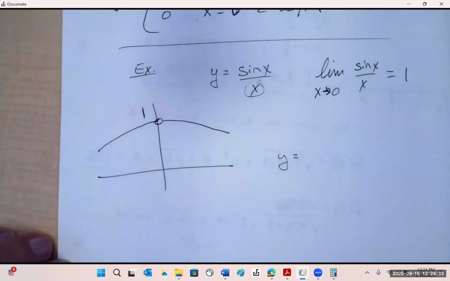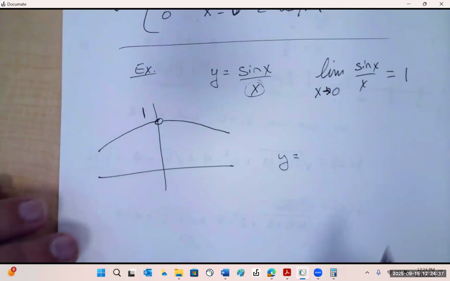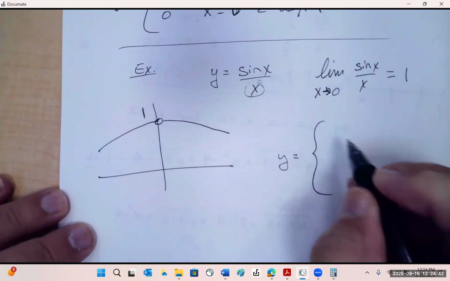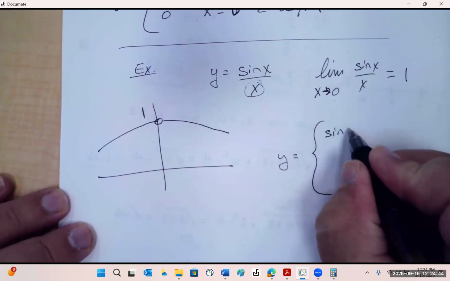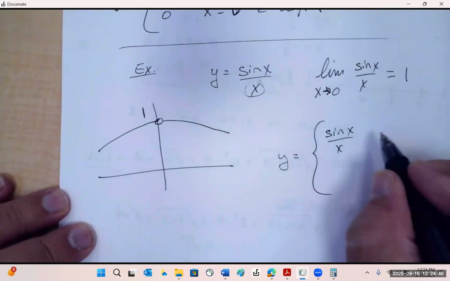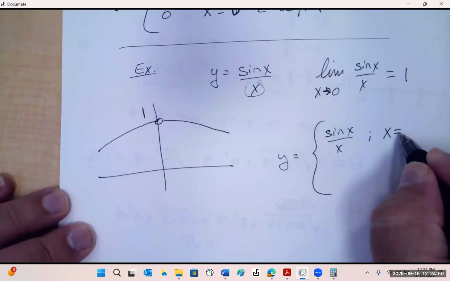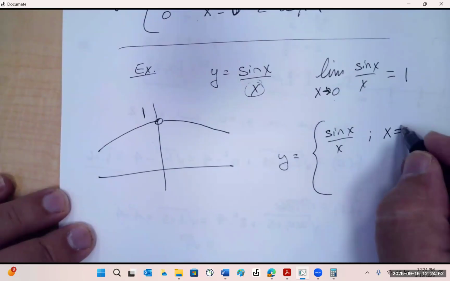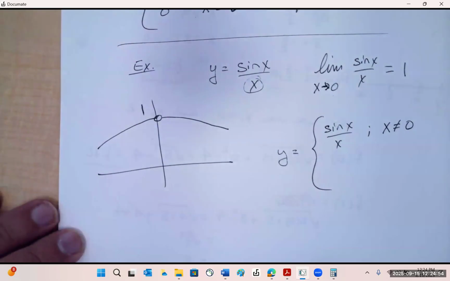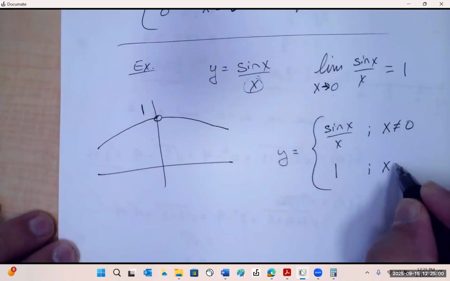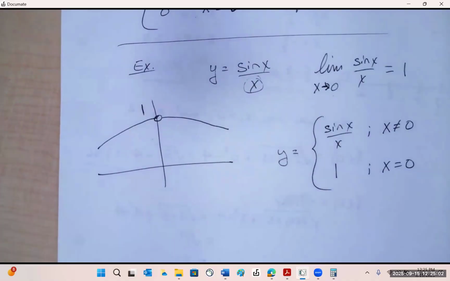Is it a continuous function? No. Does the limit exist? Yes. So we can make it a piecewise defined function. This is true whenever x does not equal 0. If we define this one as 1 when x is equal to 0, now the whole thing is taken care of.